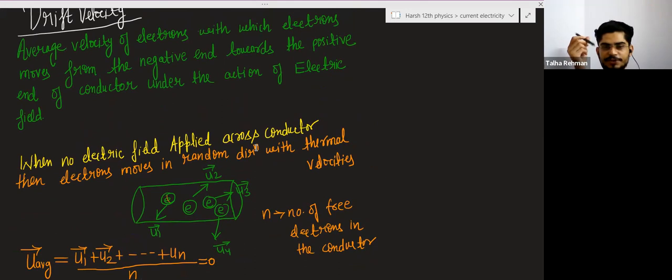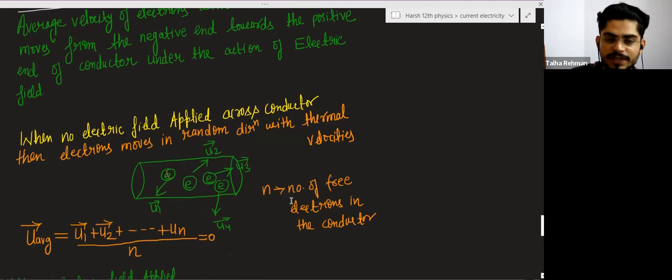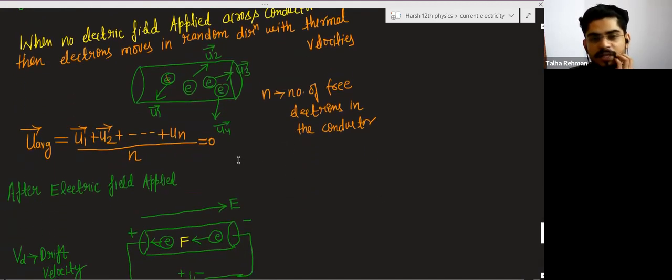Due to the temperature, the electrons inside the conductor get heat energy, that is thermal energy, so they have thermal velocities and move in random directions. There is a random motion, and when we take the average of all the velocities, we get zero.